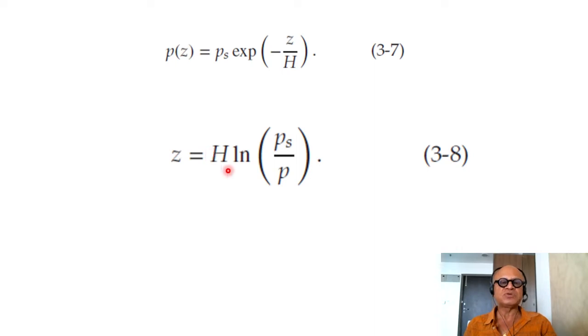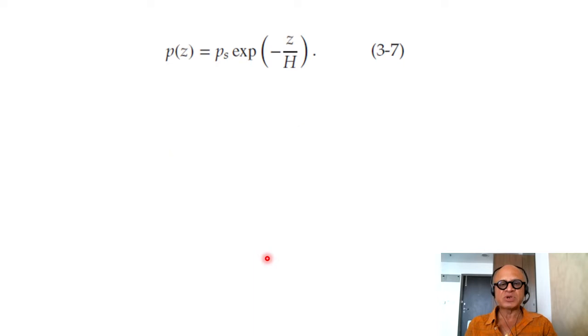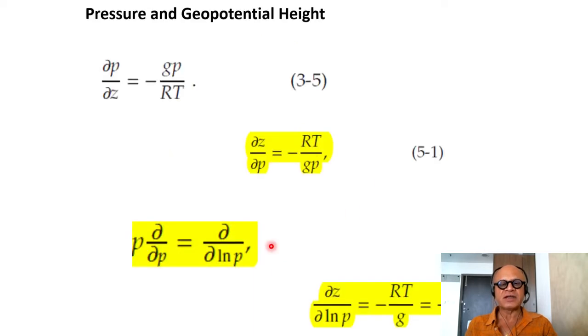In the low latitudes they tend to be almost the same, but we can use this relation to also define the so-called geopotential height. If you assume temperature equal to constant, you end up with that relation.